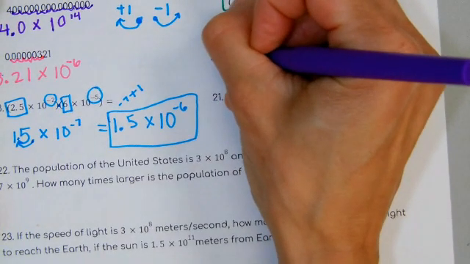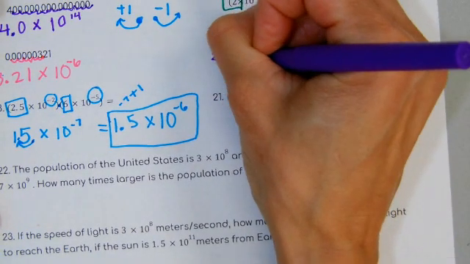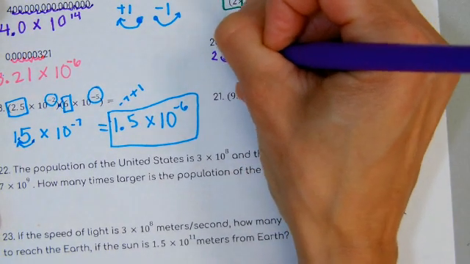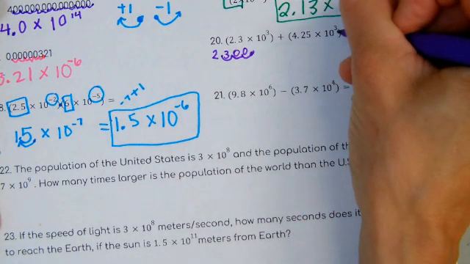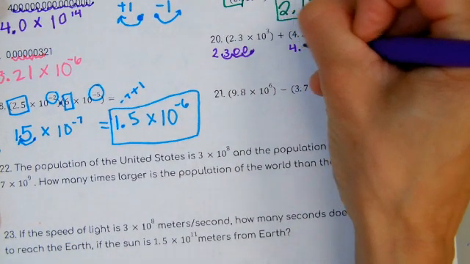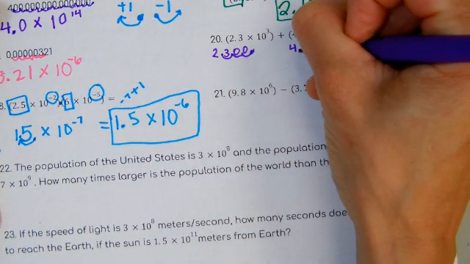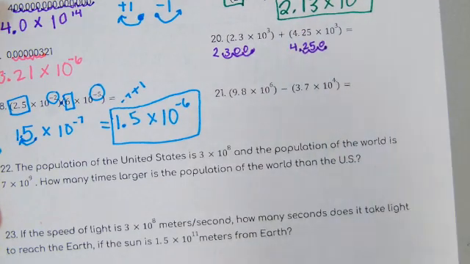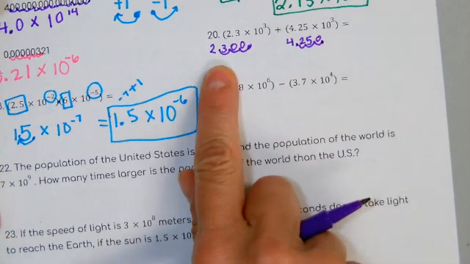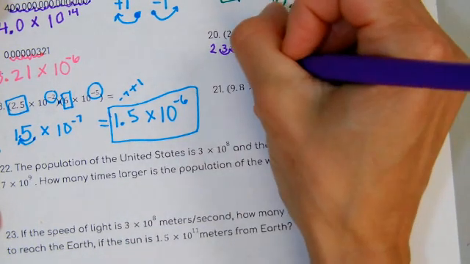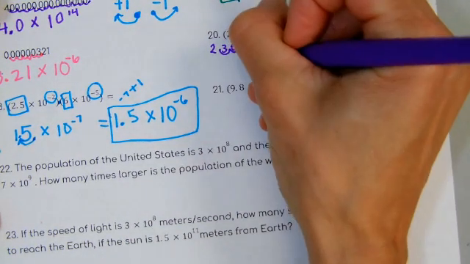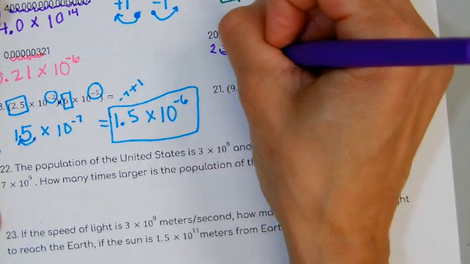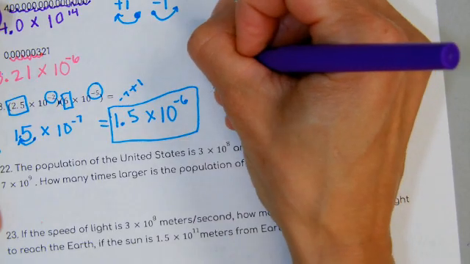So it's really like this, 2.3, 1, 2, 3. And I'm going to move the decimal out 3 spots for this one as well, 4.25. 1, 2, 3. The reason I know it's 3 is the exponent. Then I'm going to line these up by the decimal, right? So I'm going to take that 0, put it under here, then 5, then 2, then 4.